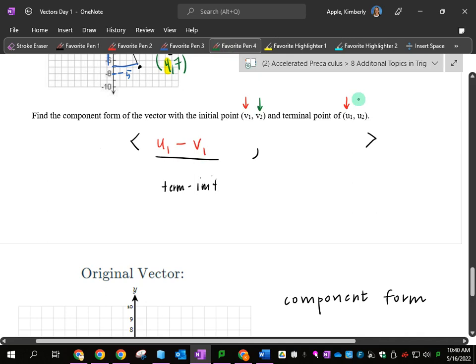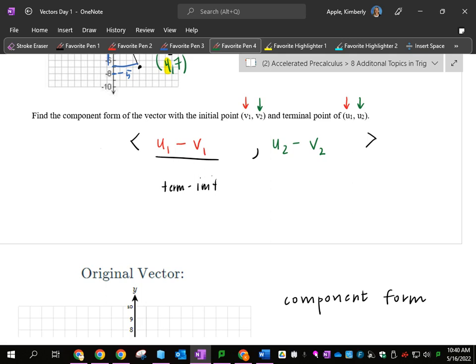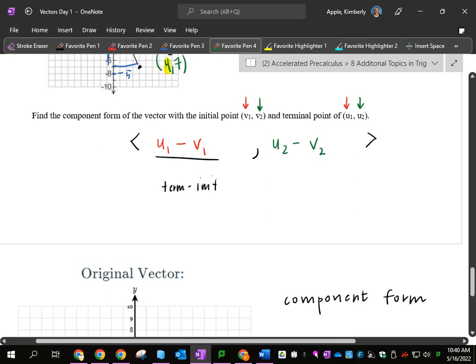And then these are your y's. And so it would be u2 minus v2 in general. Basically, you're just subtracting x's and y's to get new x's and y's. Questions so far? Just kind of refining what you hopefully were able to get out of that.